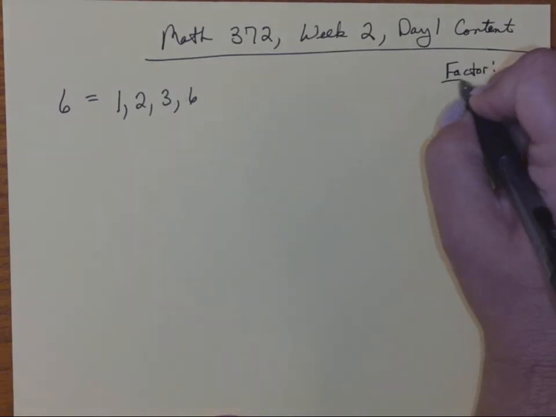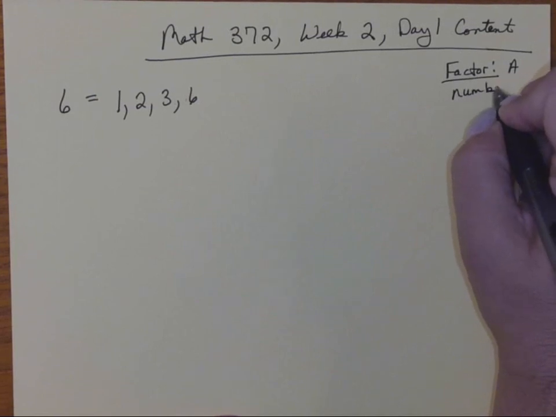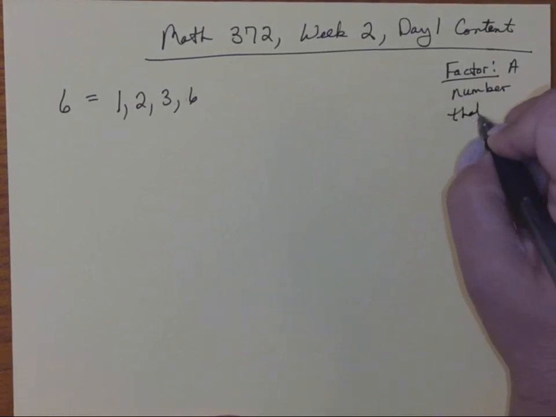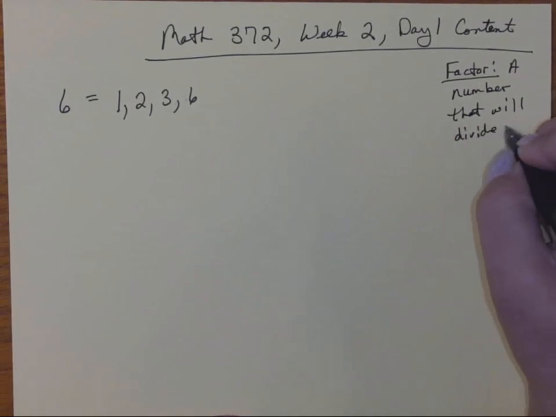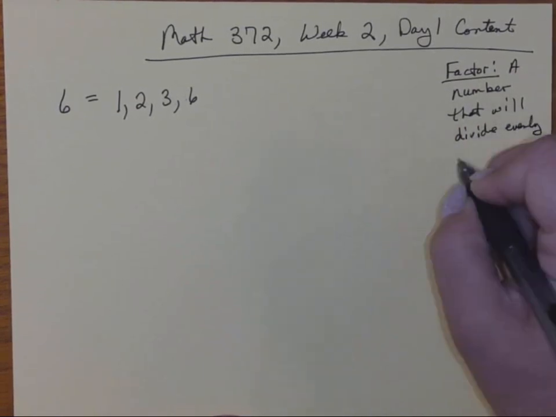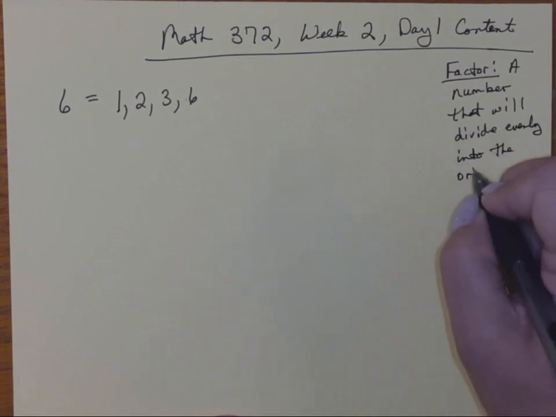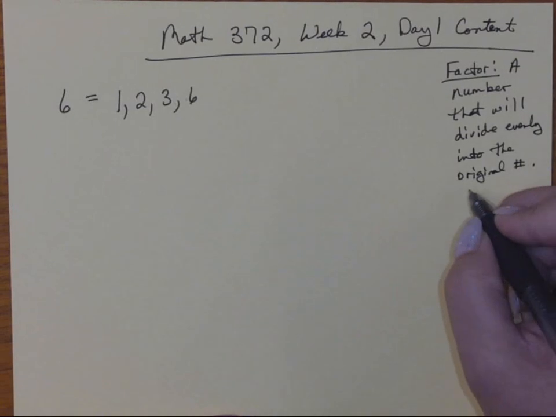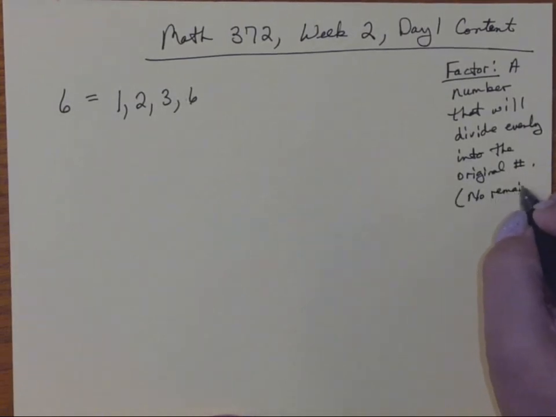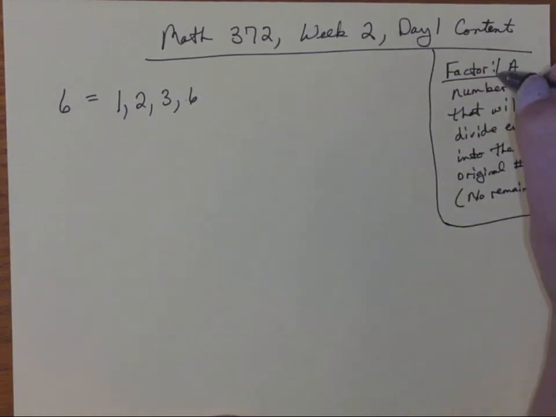A factor is a number that will divide evenly into the original number. And when we say evenly, we mean there's no remainder, right? No leftovers going on over there.